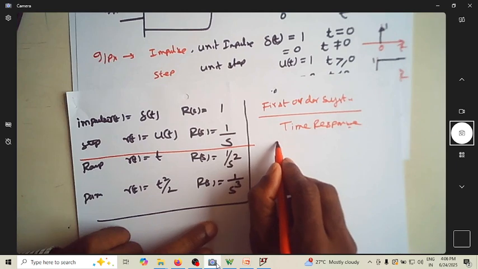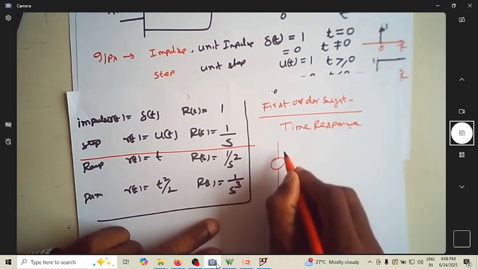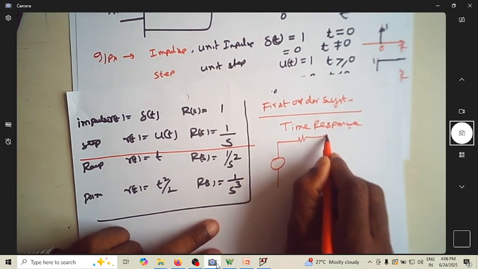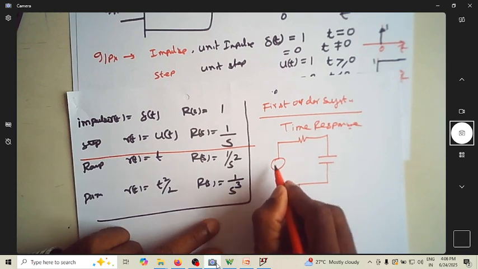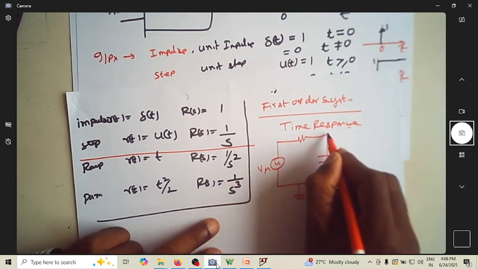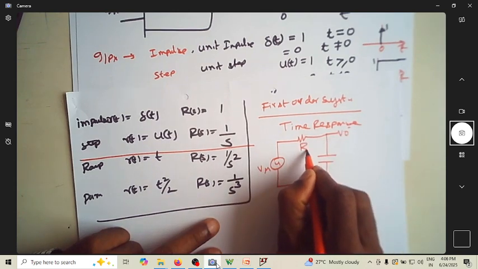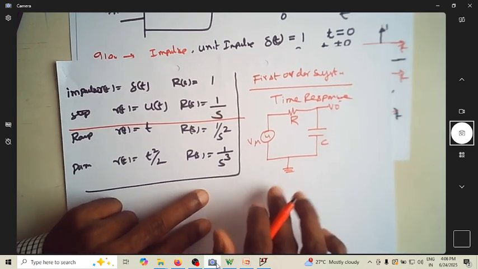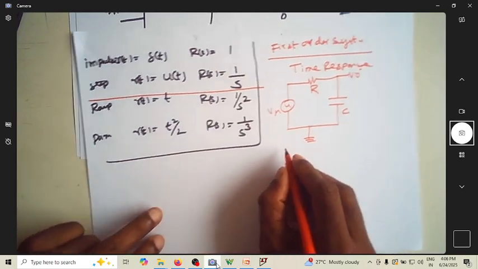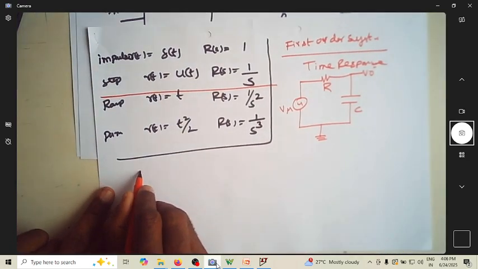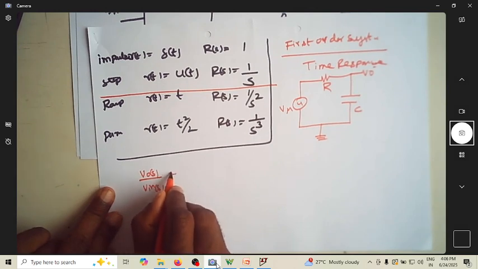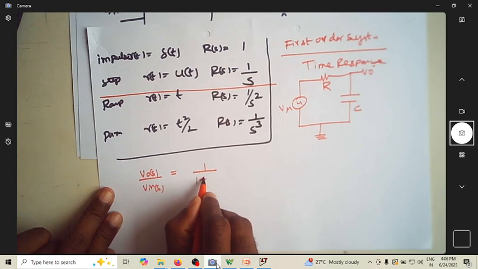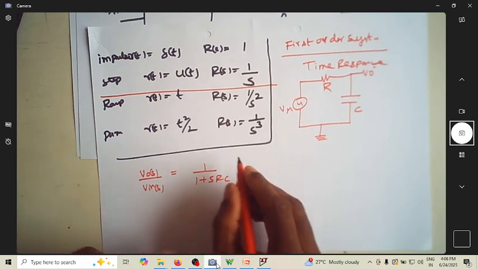So let us consider an RC network, which is this. This is V in, this is V naught, this is R and C. This is a very well-known circuit. If you want to write V naught(s) by V in(s), which is the transfer function, it will be given by 1 over 1 plus sRC.